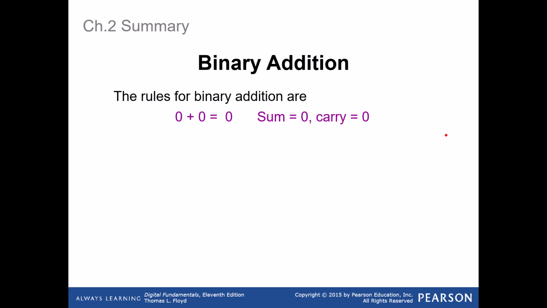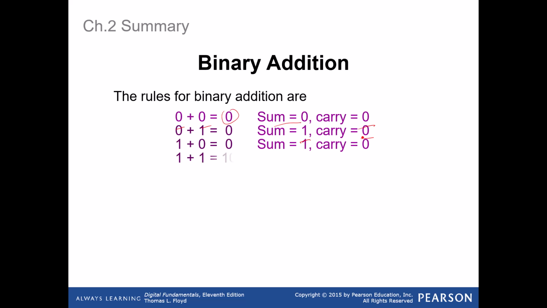So when we add 0 to 0, the sum is 0. This is the sum, and the carry is 0, nothing. 0 plus 1, again, the sum is 1, and no carry. When we add 1 plus 0, the same thing as before.